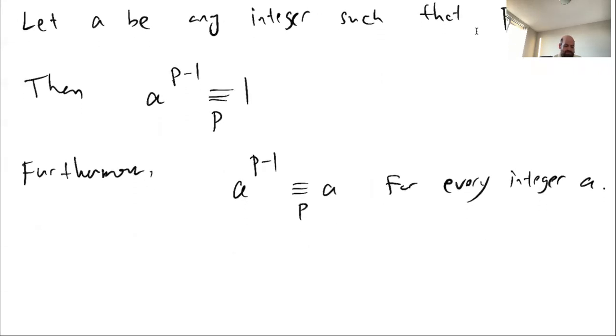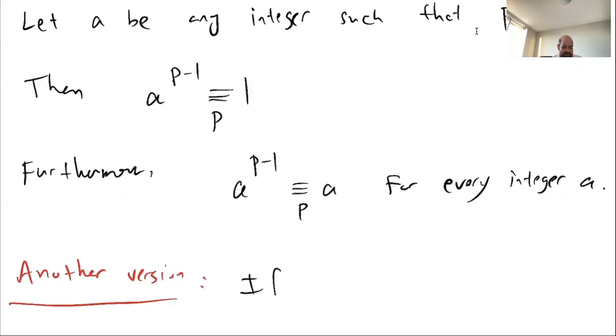So before giving examples and also proving this, let me state this theorem as equality in ZP. So another version, if A is not equal to 0 in ZP, right?